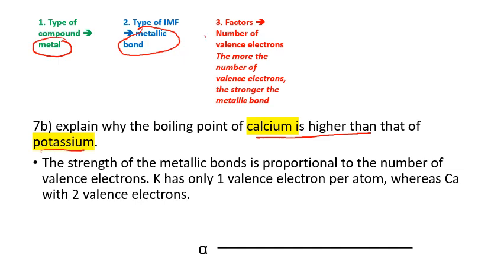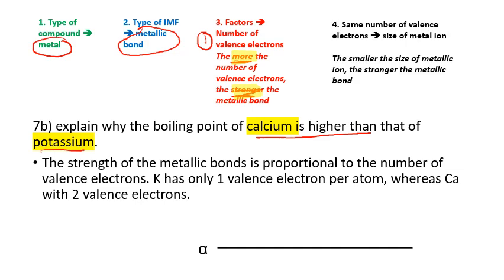The first one is the number of valence electrons. The more valence electrons, the stronger the metallic bond. Another condition: if the number of valence electrons is similar, then we look at the size, which is the second factor. The smaller the size, the stronger the metallic bond.